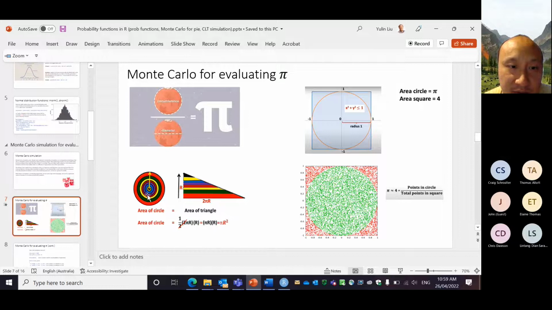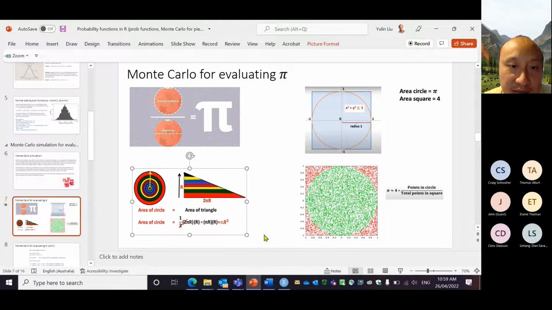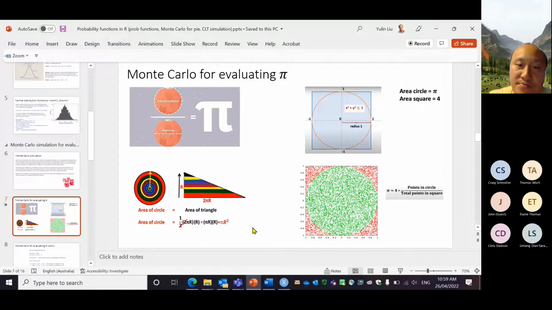The larger one, smaller one, smaller one. And then each tiny circle has a circumference of 2 pi times the radius.